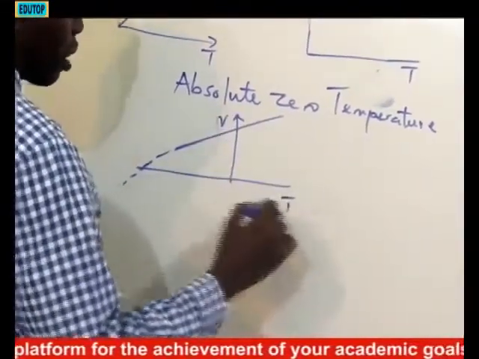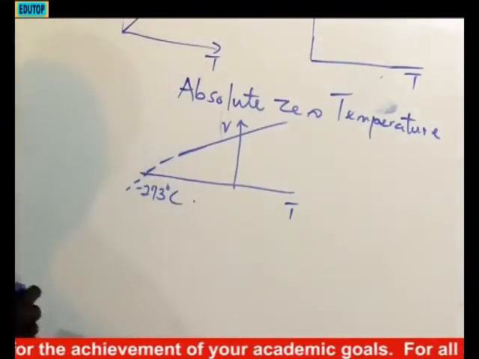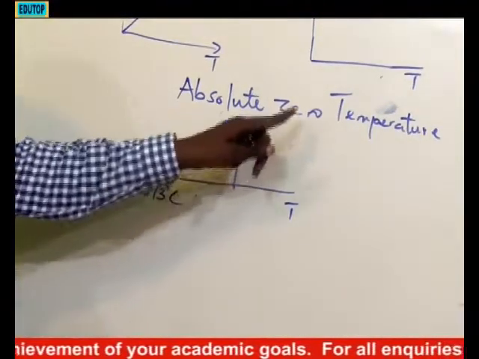You have a volume here, and you have a temperature. The intercept here is minus 273 degrees Celsius. So that is the graph of your absolute zero temperature.